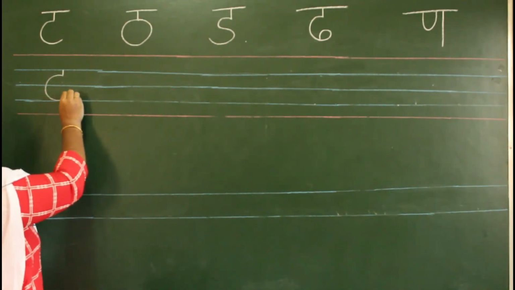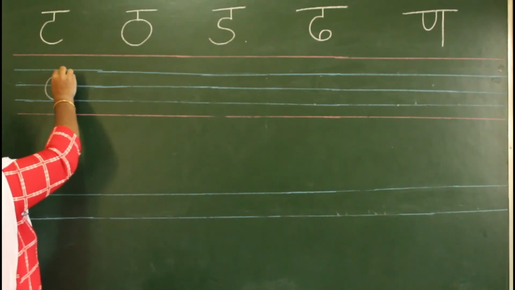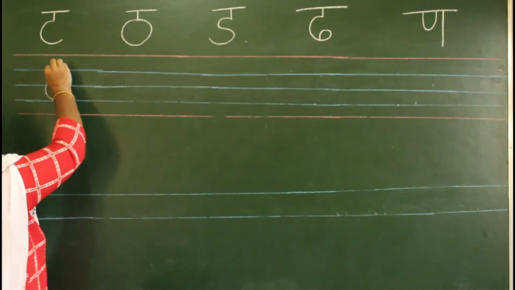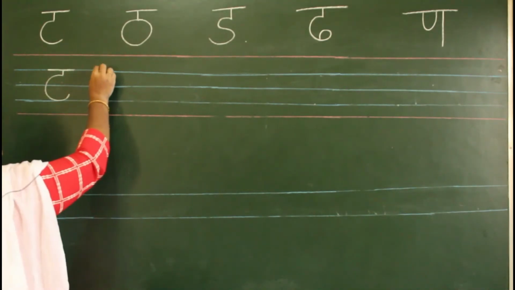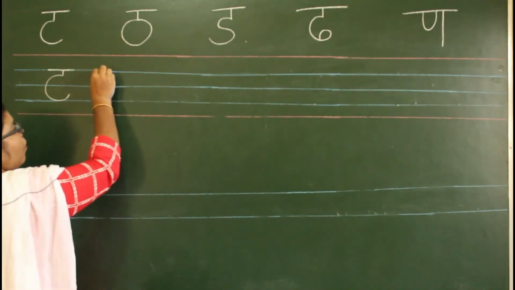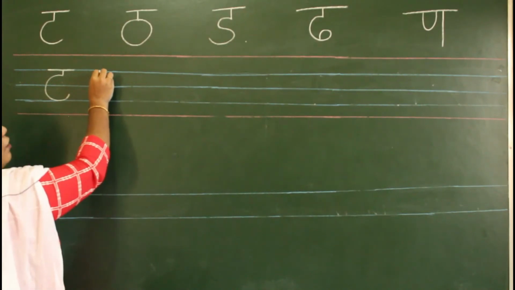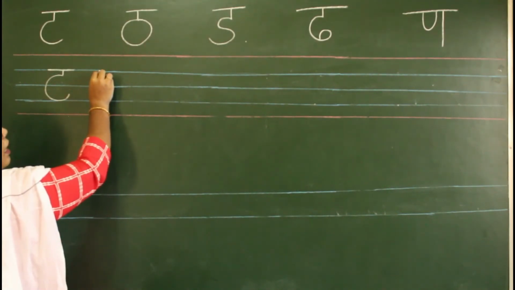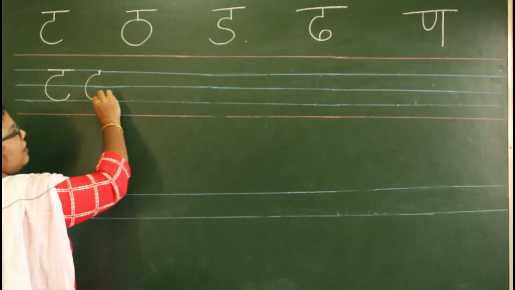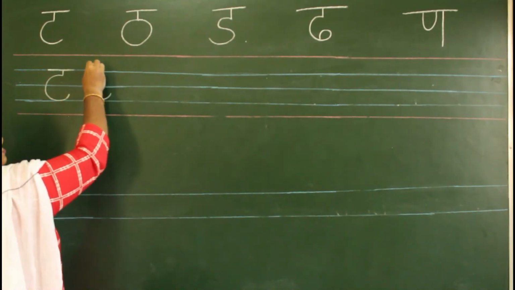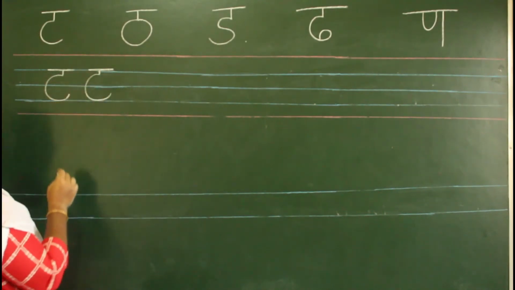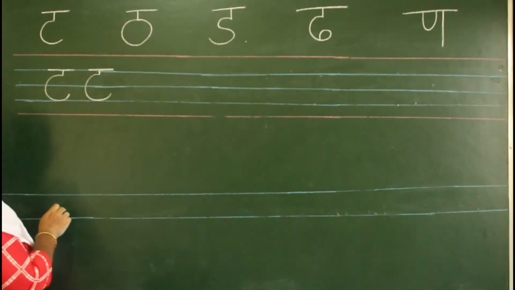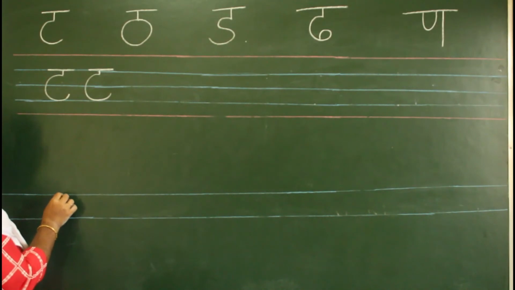Okay, stop it here. Then on the top draw a sleeping line. Once more children, draw a small standing line from the second blue line, and then a curve like this, and on the top draw a sleeping line. And how to write it on your 2-line notebook?